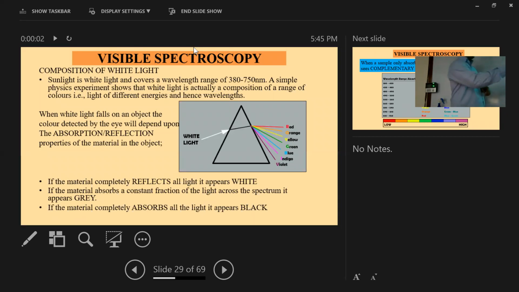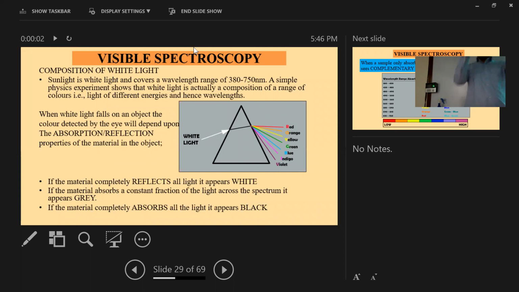So if you pass the light through the prism, then all the component lights will be divided when they come out of the prism. That time you will get different wavelengths. That means you will see it like a rainbow.